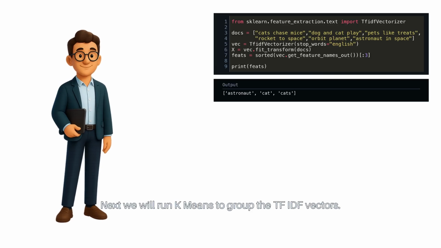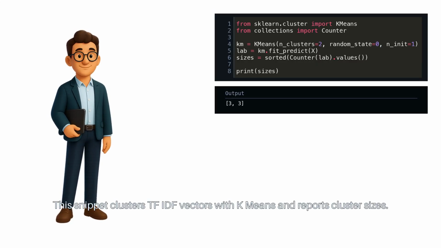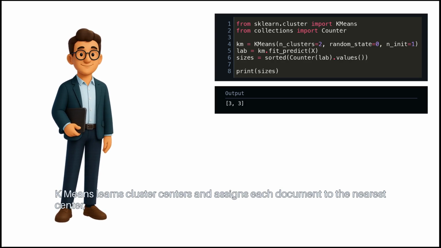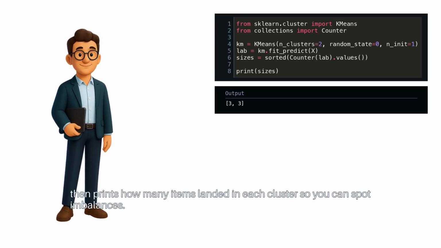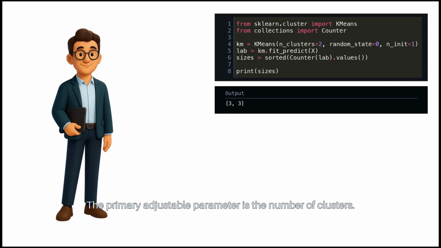Next, we will run k-means to group the TF IDF vectors. This snippet clusters TF IDF vectors with k-means and reports cluster sizes. K-means learns cluster centers and assigns each document to the nearest center, then prints how many items landed in each cluster so you can spot imbalances. The primary adjustable parameter is the number of clusters.